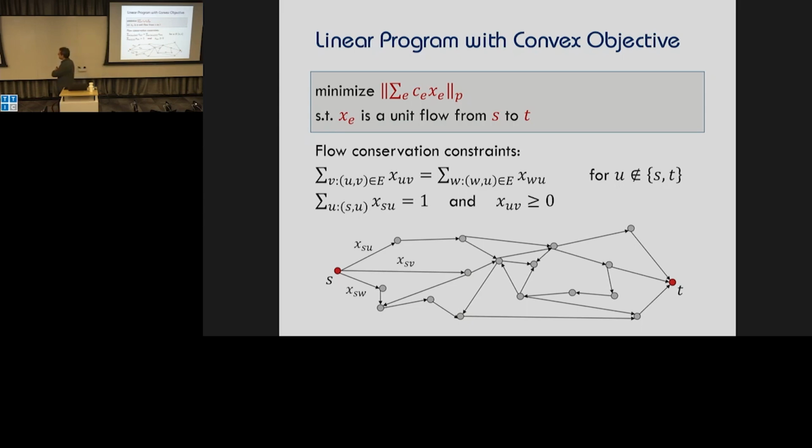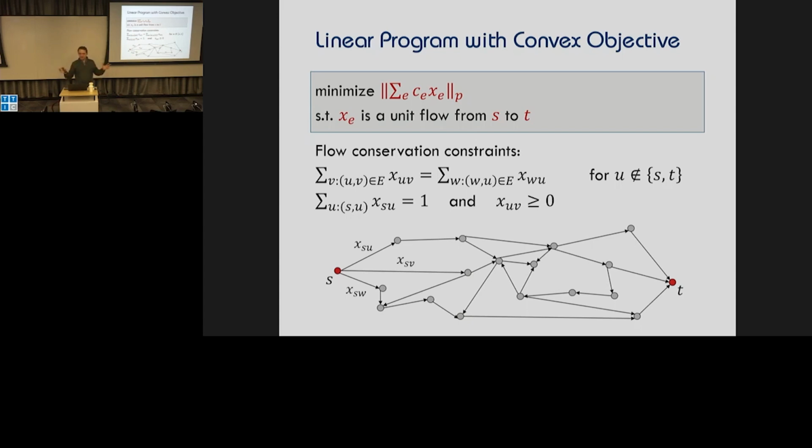So instead, we say that we want to find a unit flow from S to T that minimizes this objective, the sum over all edges of the cost times the flow on the edge, in the p-norm. You see that in this formulation, all the constraints are linear constraints, but the objective is a convex function, so we can solve it exactly in polynomial time.